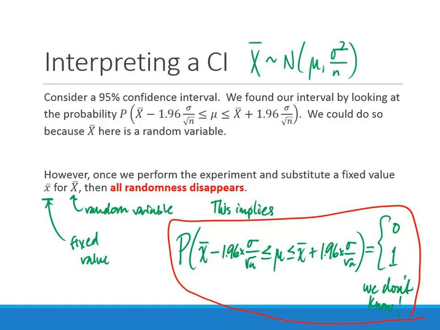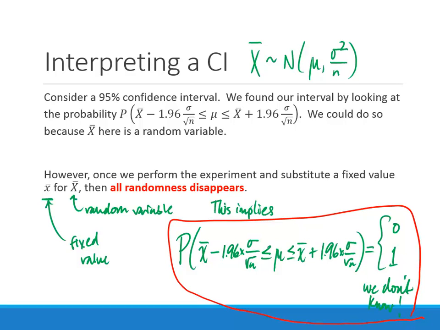But it is a single number. So it's either inside our interval or it's not. And we have no way of knowing in this setting, because we don't know what it is. So that probability is not equal to 0.95 or whatever the confidence level is. It's either 0 or 1, and that's not really telling us anything.